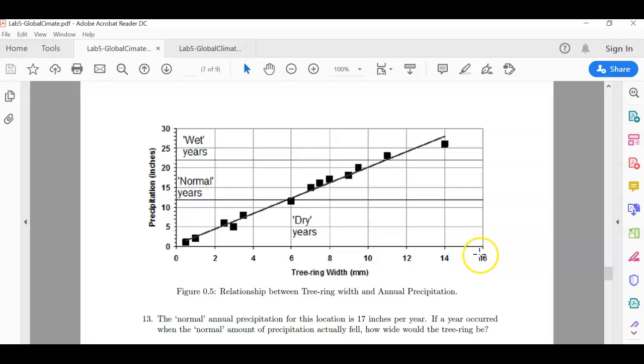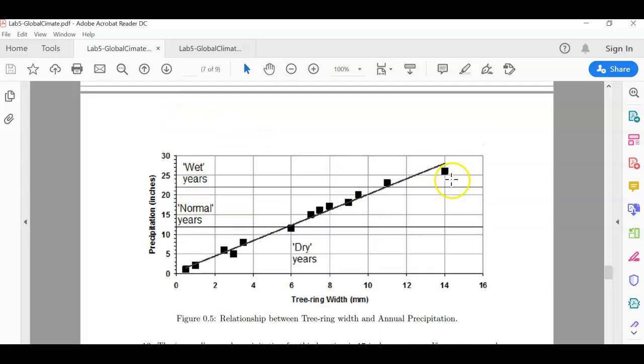So if I were to follow this trend line, I see that 16 millimeters definitely falls within this wet years category, right? So I could continue it as straight as I could, and it would fall somewhere here, which if you plot that in the y-axis, my precipitation should be somewhere like 32 or 33 inches or something like that.